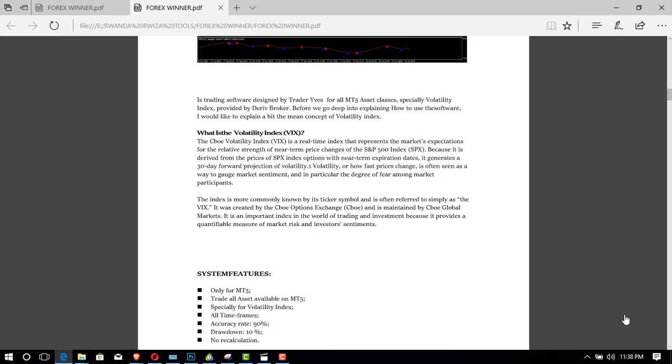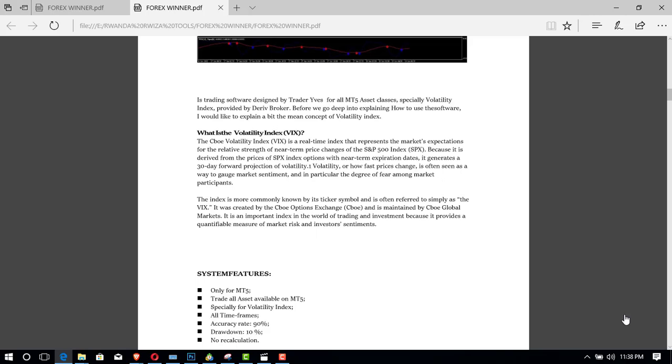It is an important index in the world of trading and investment because it provides a measure of market risk and investor sentiment. So we continue with our system features, where you can use this system.